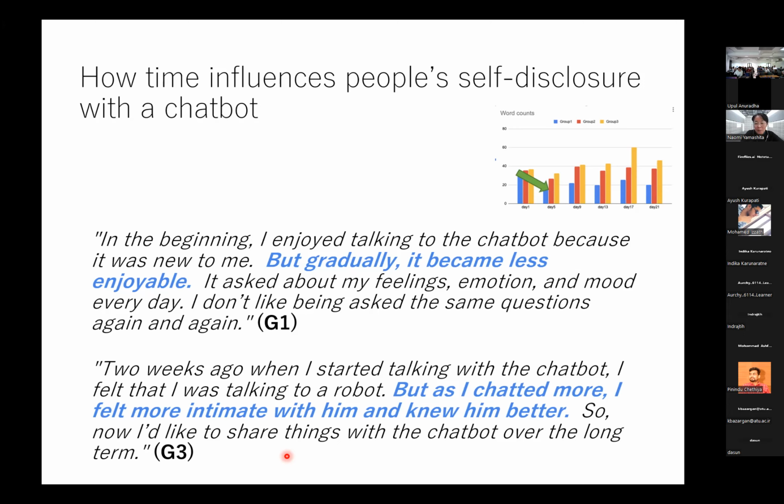But still, participants felt like they were more intimate and they wanted to continue using the chatbot, which was quite interesting. And we researchers were talking like, what's going on? Why do they want to keep using this?